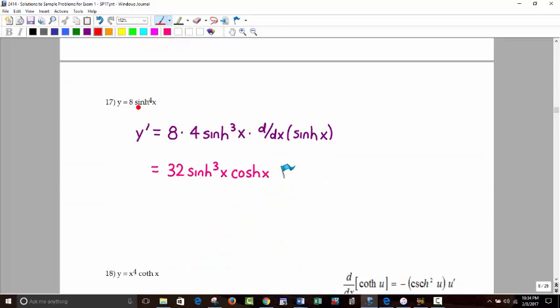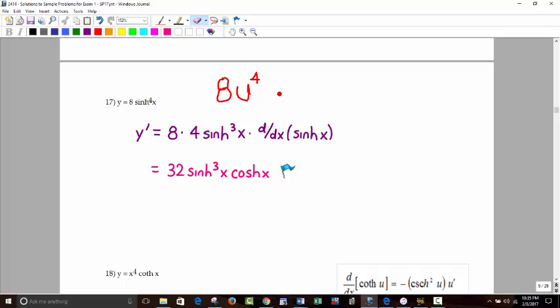Number 17, so there you go. The sinh there means that's being raised to the 4th. So another way you can look at this is it's sort of like taking the derivative of 8u to the 4th, where the u is the hyperbolic sine.